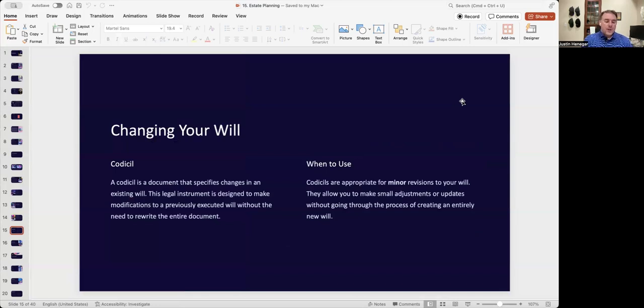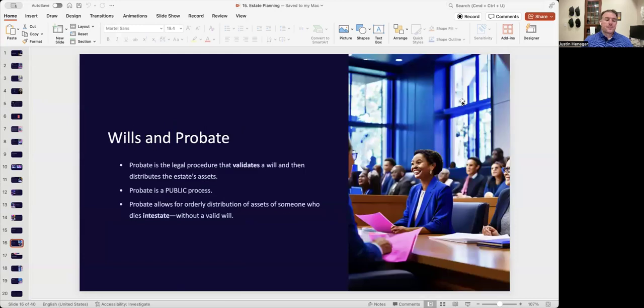So in other words, you have a will, and then the codicil would actually be written so that it says, as of this date, there is now a new beneficiary that is going to be placed, and here are the different beneficiaries that are now going to be outlined. Okay, and that would be attached to the existing will. So you have an existing will and a codicil. And again, this can be used for typically small changes, right? If there's going to be a massive change of distribution, that might actually be something in which you would want to rewrite the entire will.